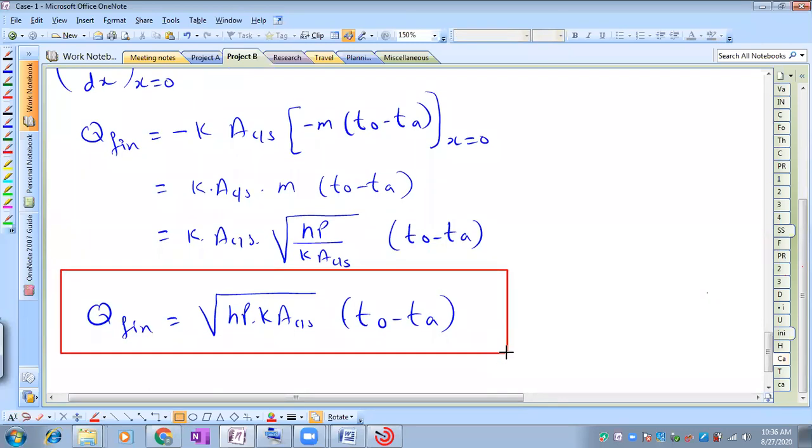Is it understood? This expression is important. What do we call this expression? This expression is used to calculate the rate of heat flow.